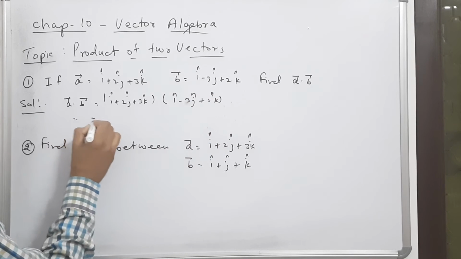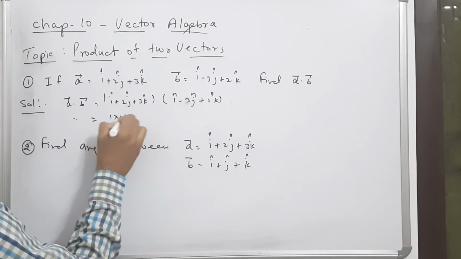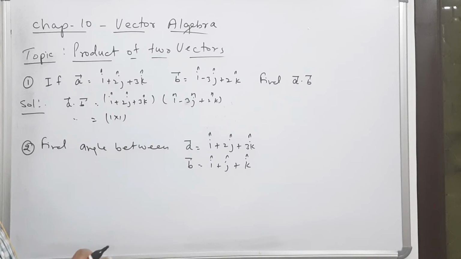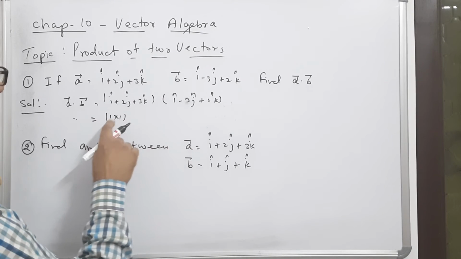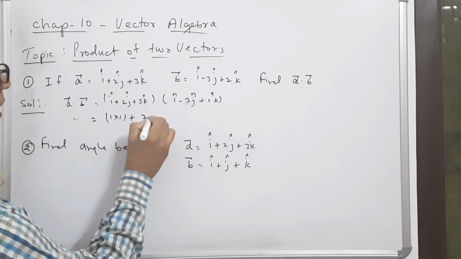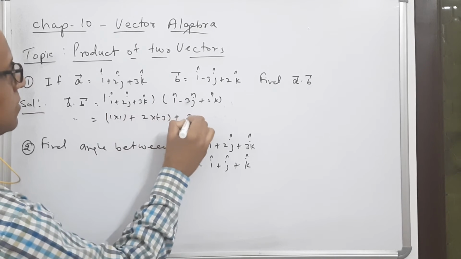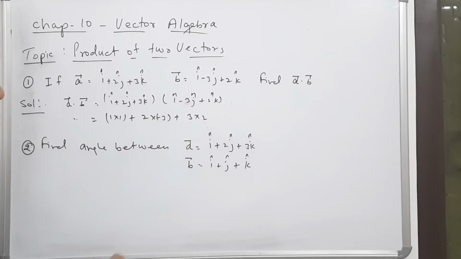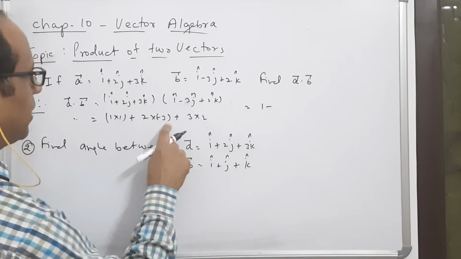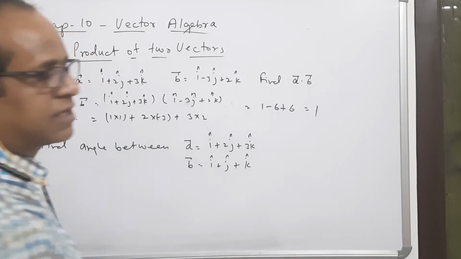The answer will be 1 into 1, because i with j will be 0 and i with k will be 0, so we take only i and i. So it is 1 into 1, plus 2 into minus 3, plus 3 into 2. So the final answer is 1 minus 6 plus 6, so the answer is 1.